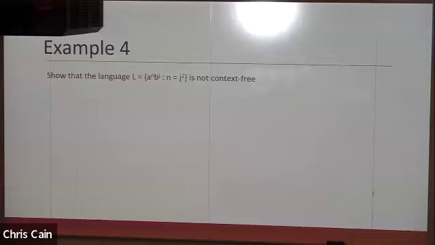Why wouldn't this be context-free? First of all, are there more A's or more B's in most cases, as long as n isn't 1? A's. There are more A's. You have to square the B's to get to the A's. That makes sense.